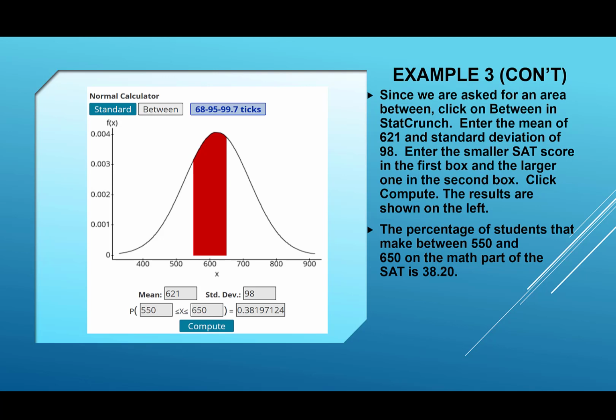In StatCrunch, this one is a little bit different because we are asked to find the area between. So the first thing we're going to do is at the top of the screen, we're going to click on the Between option.